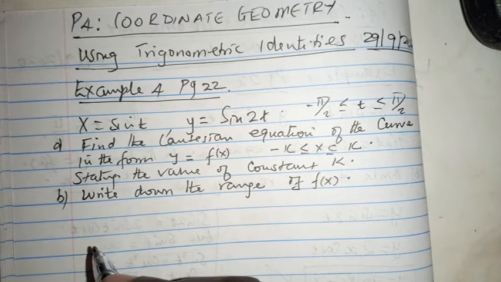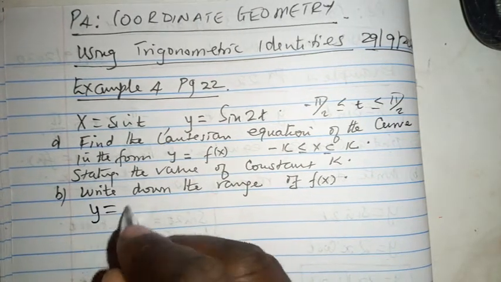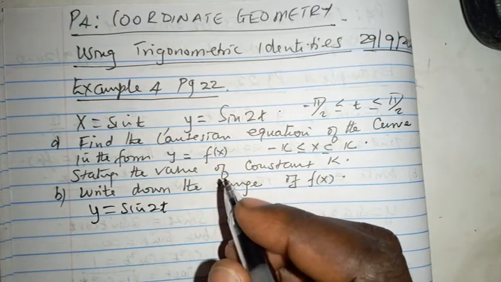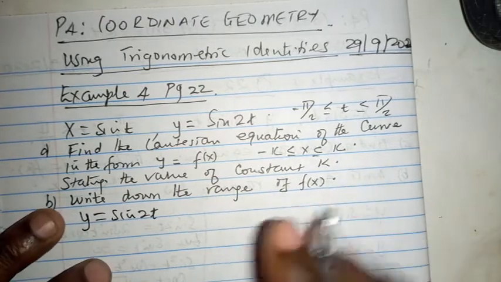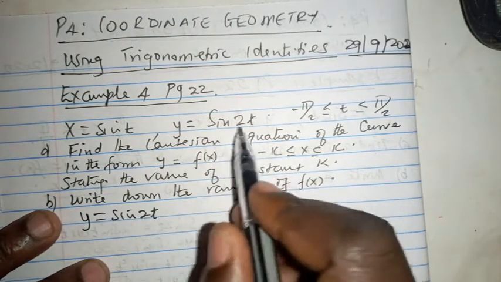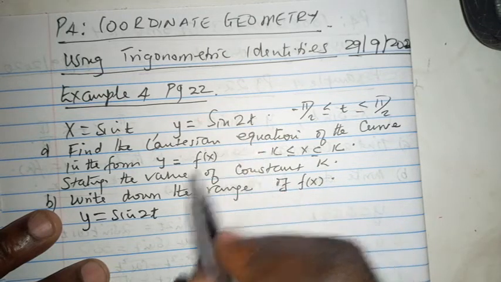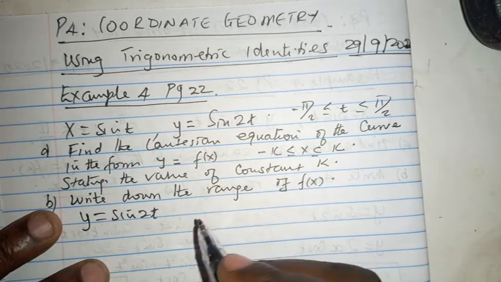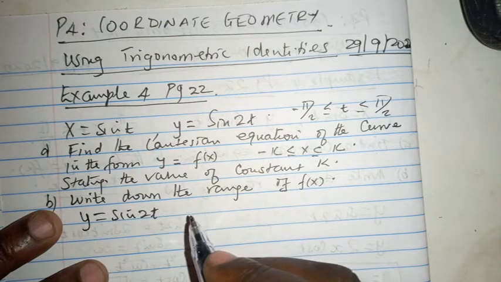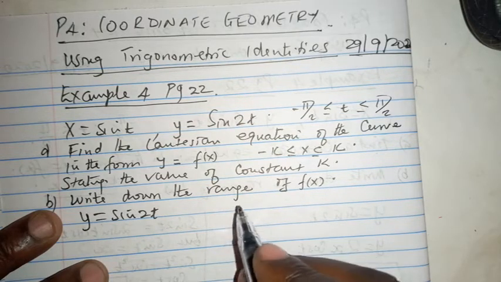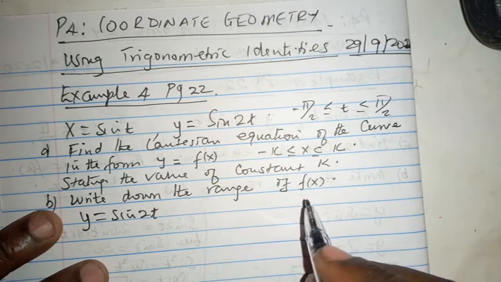Now, when we have y equals sine 2t, it goes without saying that sine 2t is not well defined here, so we cannot express sine 2t in terms of x, and therefore we are forced to look for something that can easily describe sine 2t that will bring us closer home.